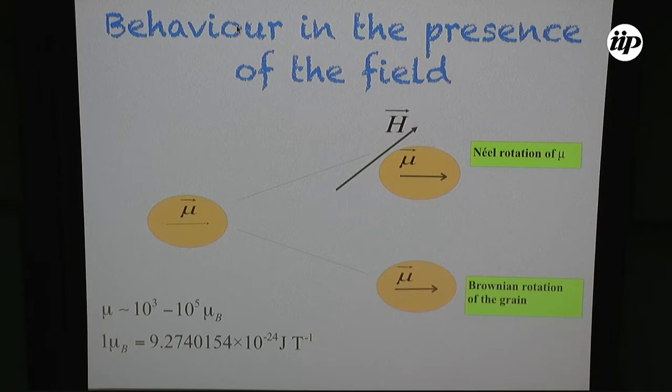Or you can have a physical rotation of the grain, which is named the Brownian rotation. So these two types of behaviors have characteristic relaxation times or typical response times, and depending on the strength of the magnetic moment and the viscosity of the medium around, you can have both types in the same process.